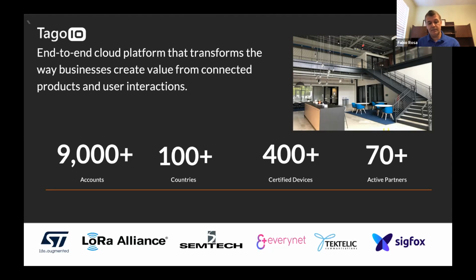And we have more than 70 partners that allow us to add a lot of integration in our system, for example, devices. We have more than 400 devices ready for you to use, because when you are building an IoT solution, you need to have a start point. And we partner with LoRa Alliance, ST, Semtech, Everynet, Tektelic, Sigfox, and others that are part of this ecosystem.